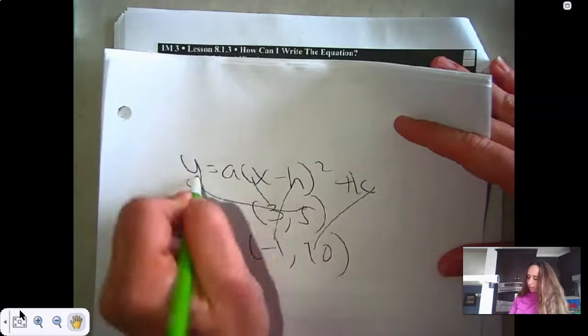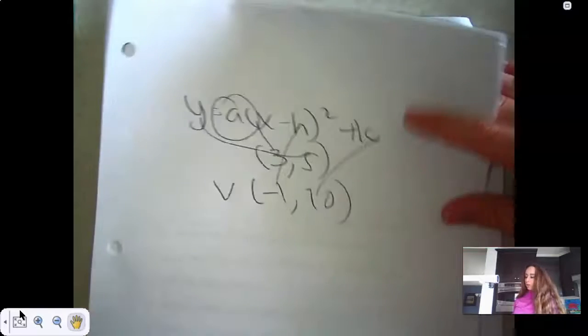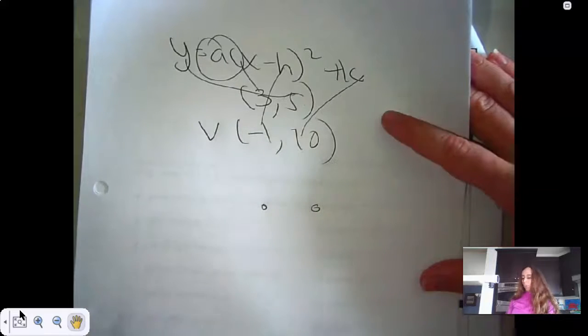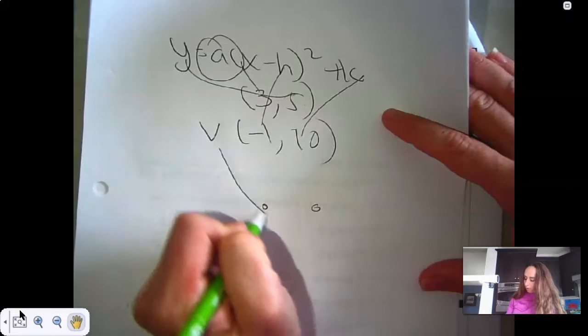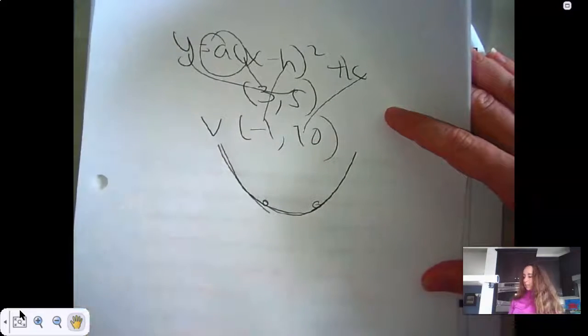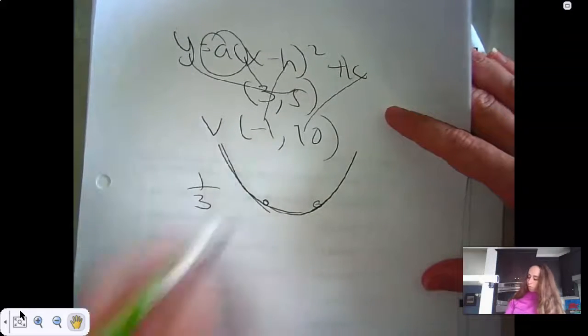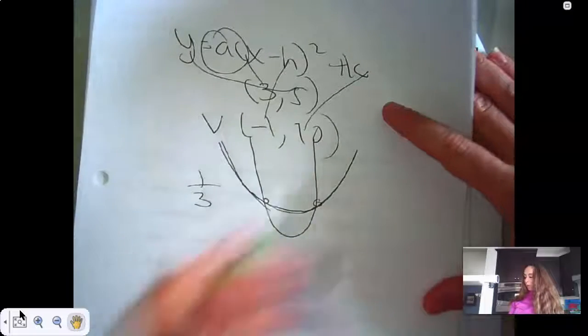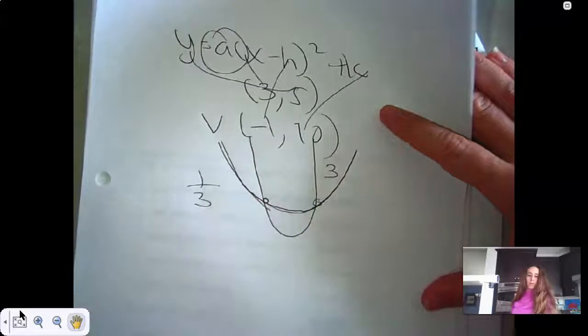You would plug this into the x and the y, and you would find A. What you're deciding is, when it goes through the 2 points, what is the vertical stretch or what is the vertical compression? Is it a vertical compression, which means less than 1, like 1/3? Or is it a vertical stretch, which would be, let's say, 3, because that's greater than 1.